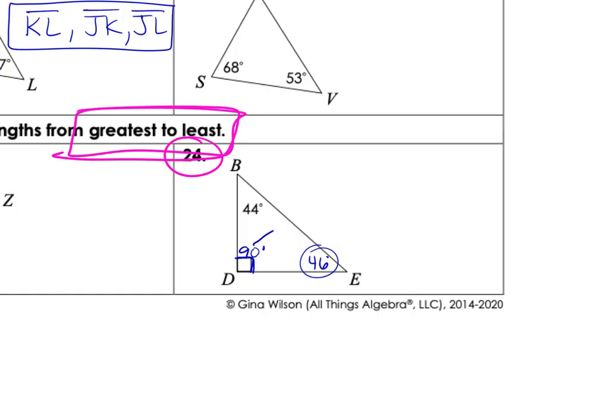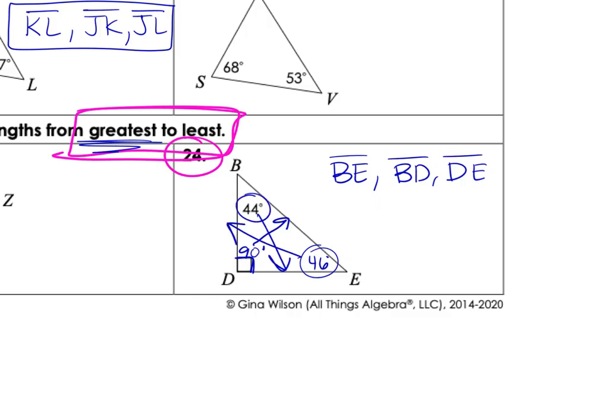So across from the biggest angle is your greatest side. So you would say BE. What's your next biggest side? BD. And then DE. All right, across from the 46 and then across from the smallest angle, DE.